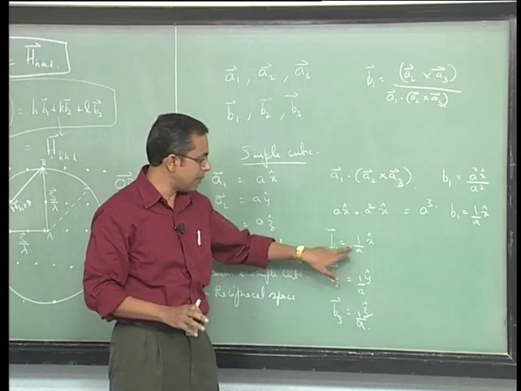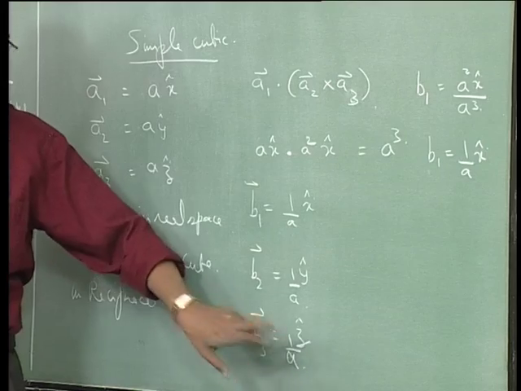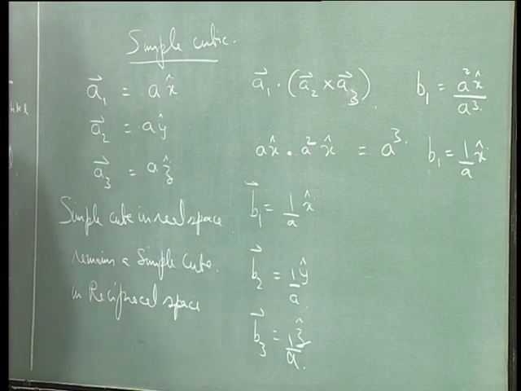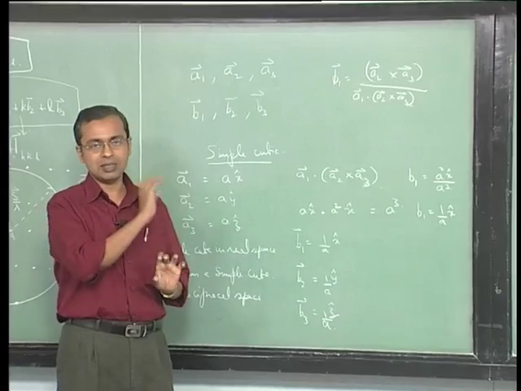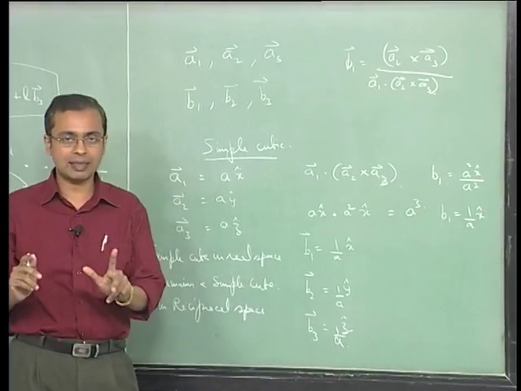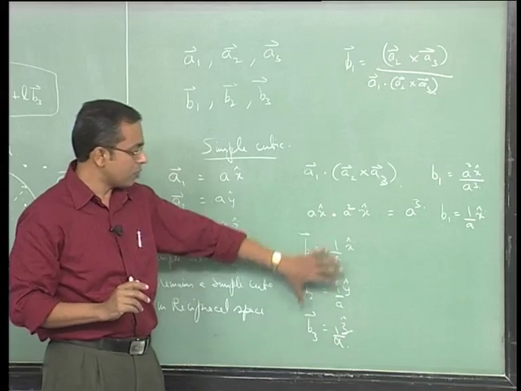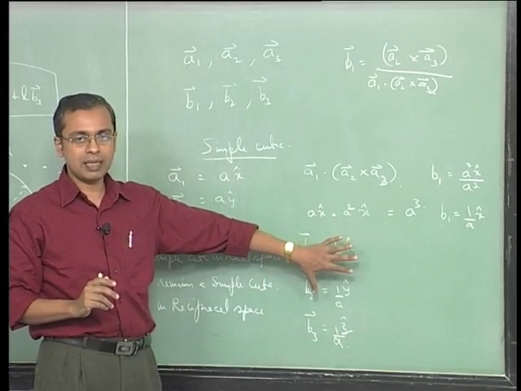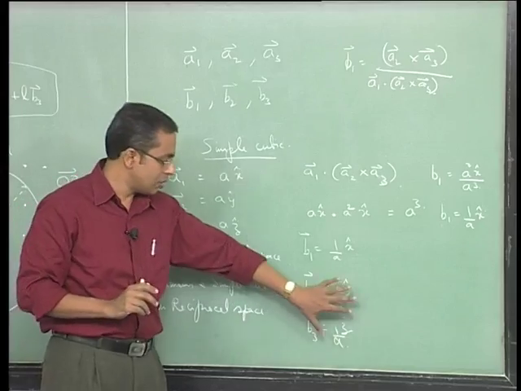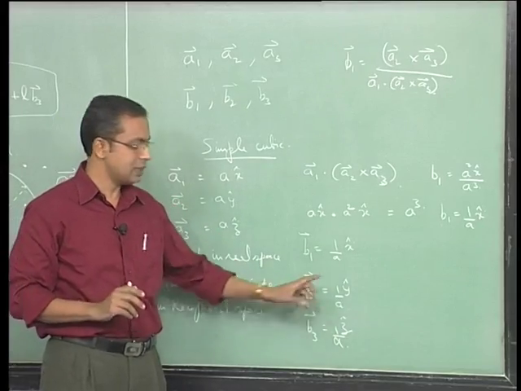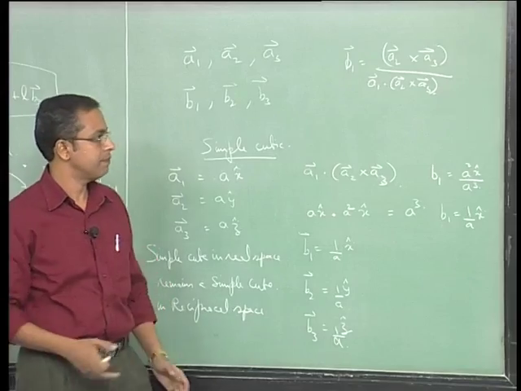It is the same magnitude in the x, y and z directions, in three mutually perpendicular directions. So the layout of a simple cubic material in reciprocal space continues to be simple cubic, only the magnitude has changed because we have gone to reciprocal space.